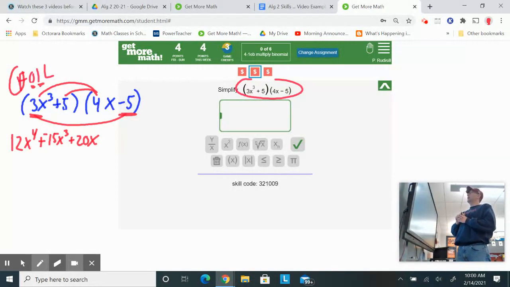Then the I is for inners, which would be the 5 in this first set of parentheses and the 4x in the second set of parentheses. I get 20x. And then the last, that's when I would take this 5 here times that negative 5, which is plus negative 25, which is minus 25.